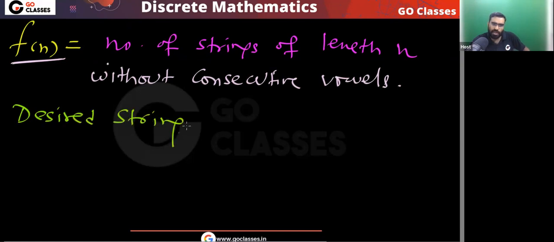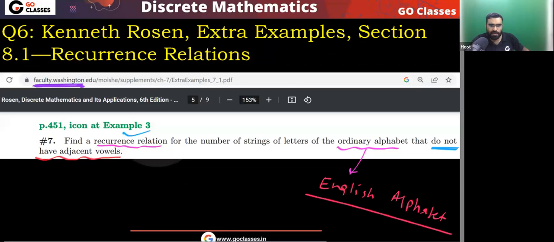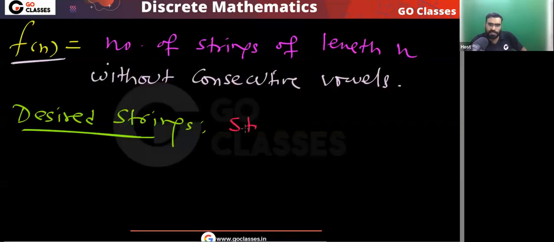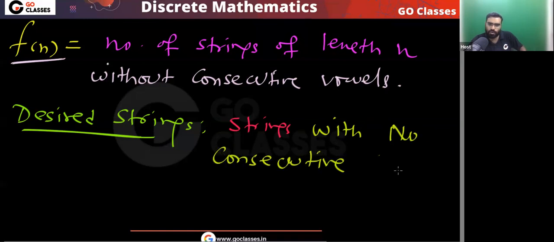These are strings of length n which have no consecutive vowels, that is, strings with no adjacent vowels. These are the desired strings.